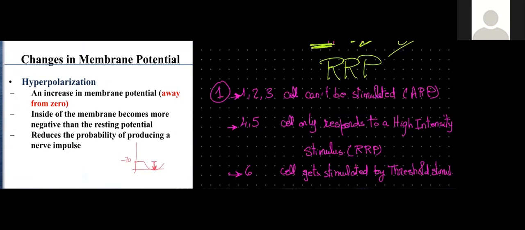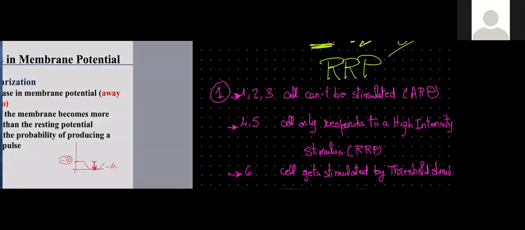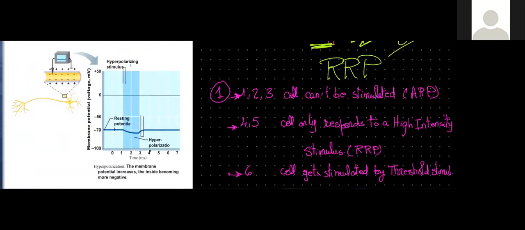It's going to be even more negative than your resting membrane potential. So you see on here, I started at -70 millivolts, and as I open the potassium channels, this allows the efflux of potassium, making the membrane more negatively charged than resting membrane potential.